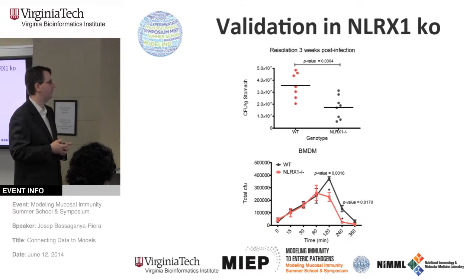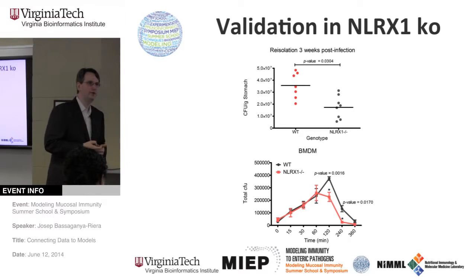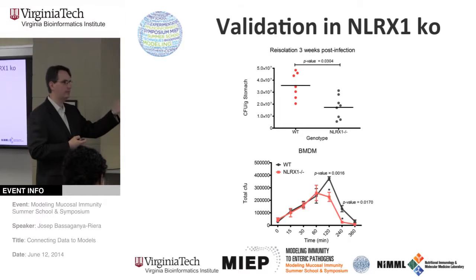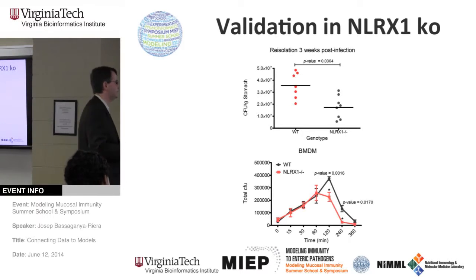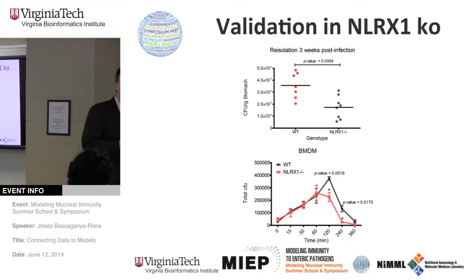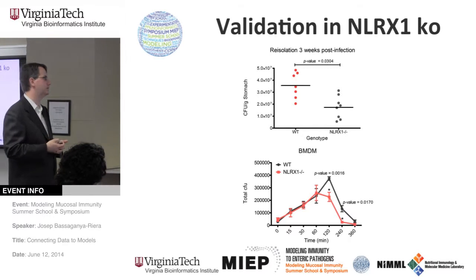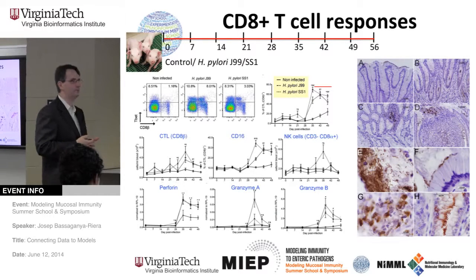And if we utilize NLRX1 knockout mice, we see that the deficiency of NLRX1 results in lower recovery of H. pylori from stomach following 3 weeks of infection. And now we are running longer studies because we are interested in the chronic stages of infection. And if we look at bone marrow-derived macrophages, the data represents well what we are seeing in vivo. So the modeling is pointing at new directions and new areas of exploration mechanistically in the context of mouse models.